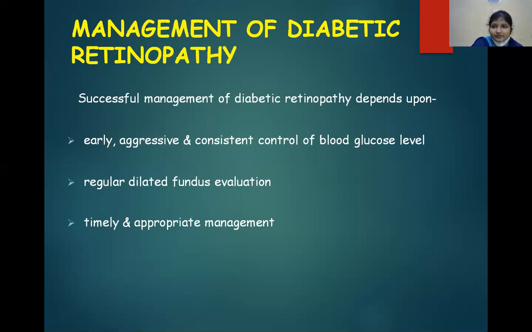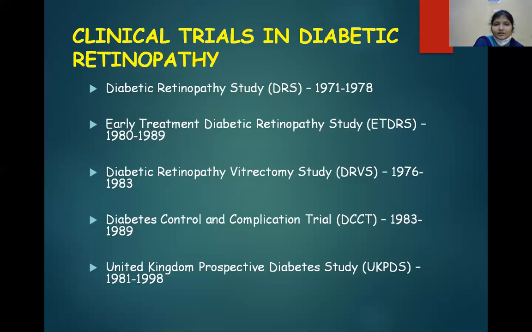We already have studied that by controlling the blood glucose level, we can delay the onset and progression of diabetic retinopathy. So we have to advise the patient strict glycemic control, and regular dilated fundus examination is necessary, and timely and appropriate management plays a very important role to restore the vision in patients with diabetic retinopathy.